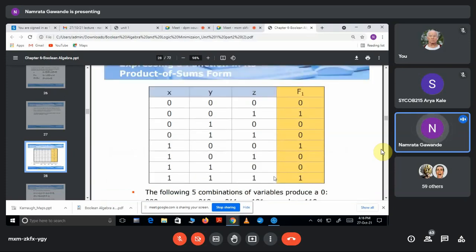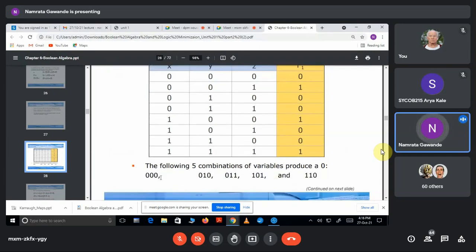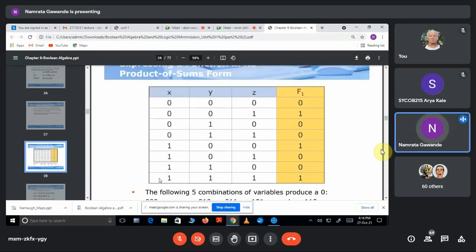Now, what is the next step? You have to write in the POS form. How will you write 0, 0, 0? Whether 0 indicates bar or 1 indicates bar in the max term? 1. Now here you have to consider the max term. Min terms are considered in the SOP, where 0 is represented as a bar.